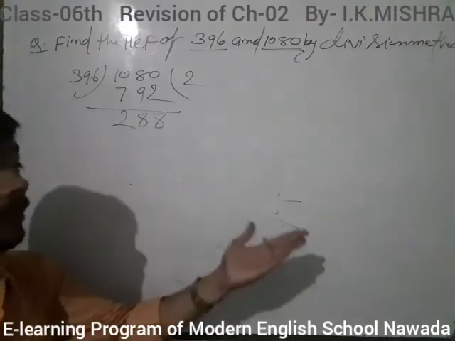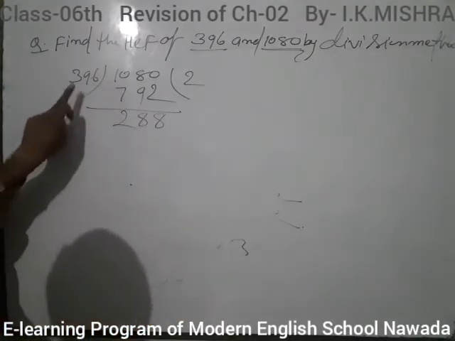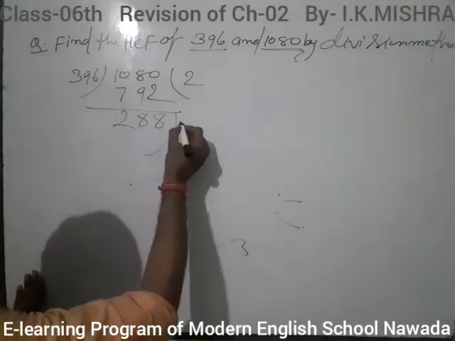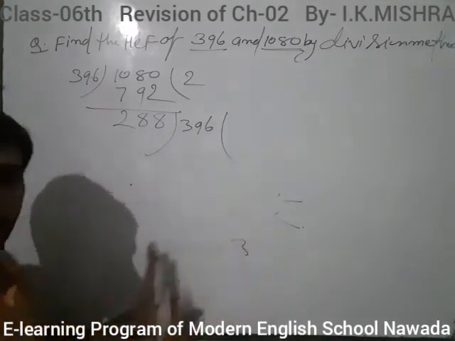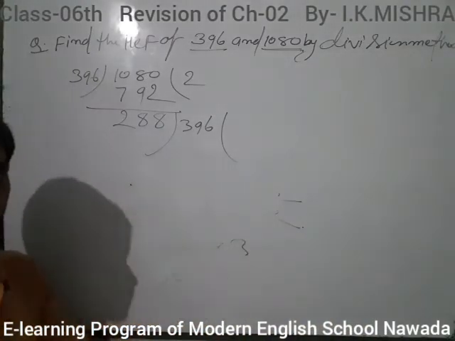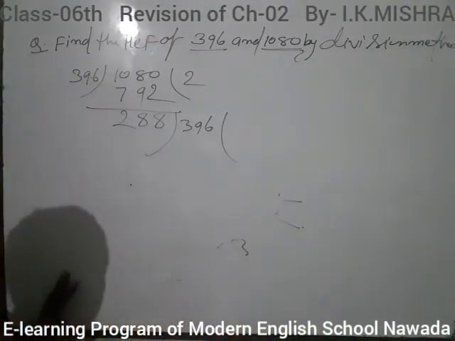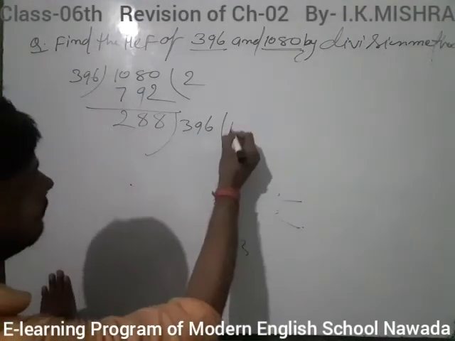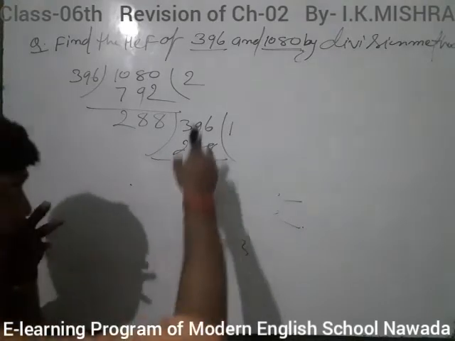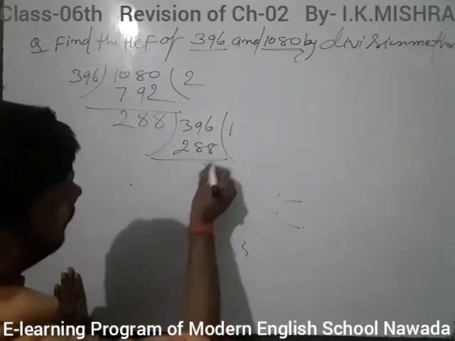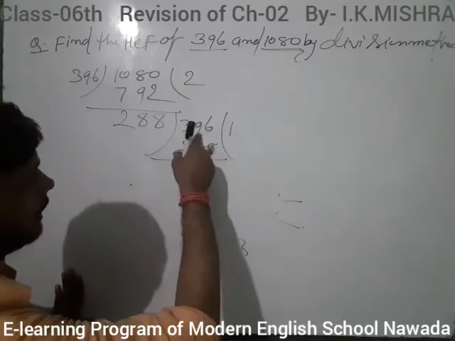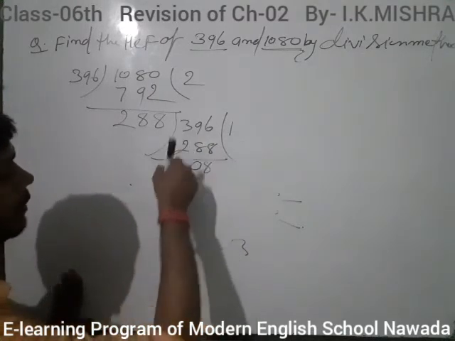Then again divide this divisor by this remainder. So write here 396 and do this process until the remainder is 0. Now 1 time 288, subtract, here it will be 108.